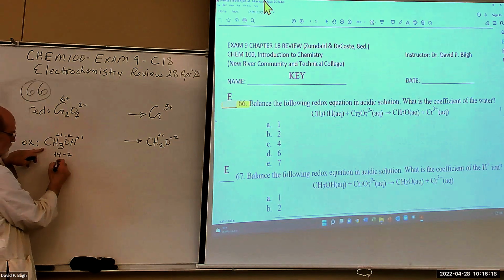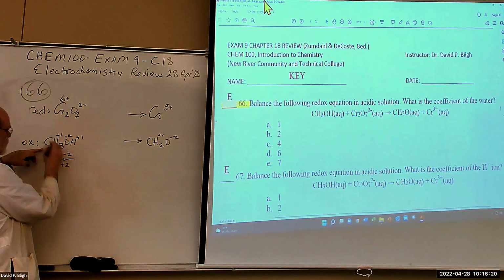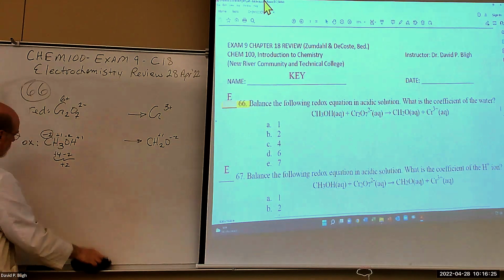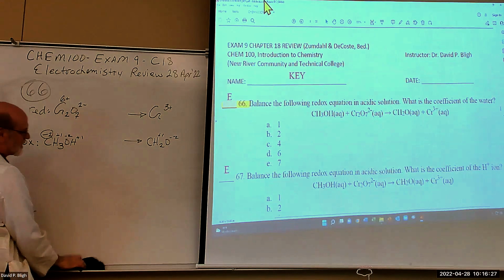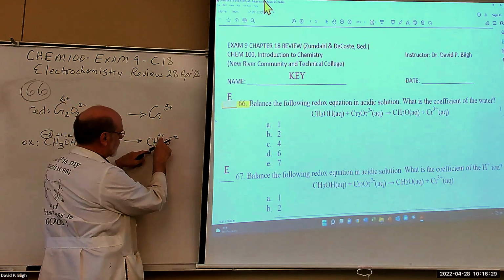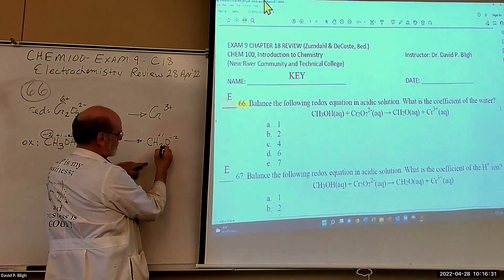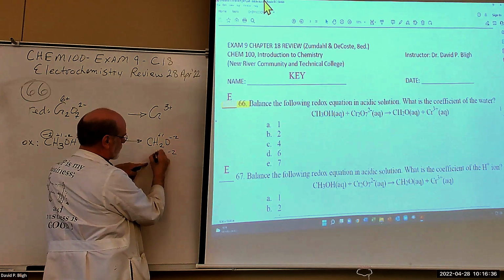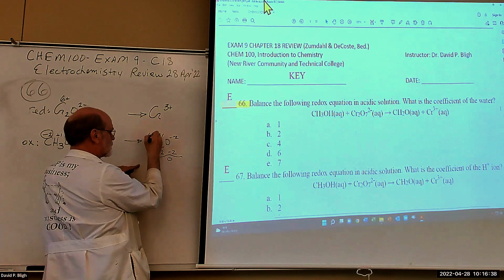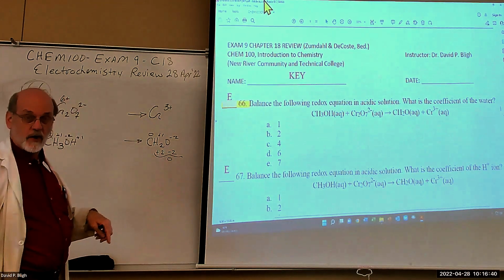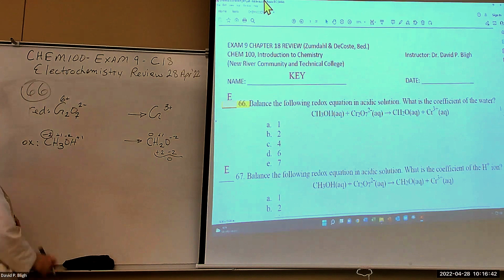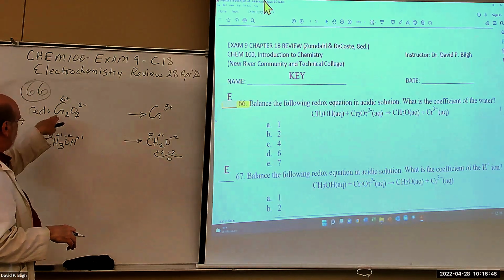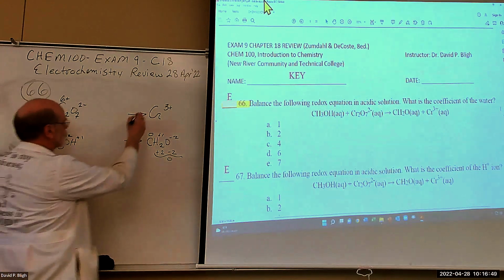That means this carbon has to balance a +2 with a -2 for that carbon. How about this side? -2 and a +2. Well, +1 times 2 is +2, and -2, that's 0. So this one is 0. That carbon is 0, oxidation state. Okay, now we can balance the elements. 2 chromiums.